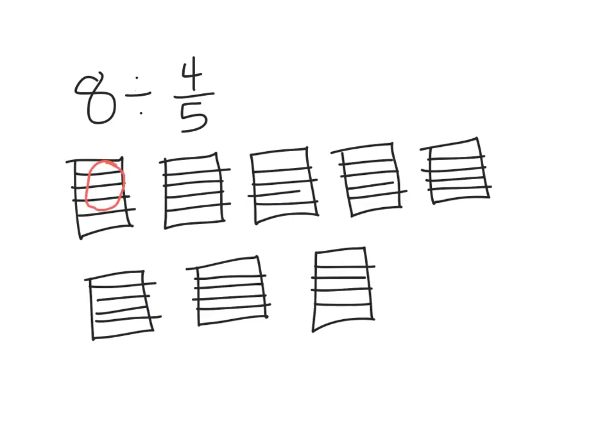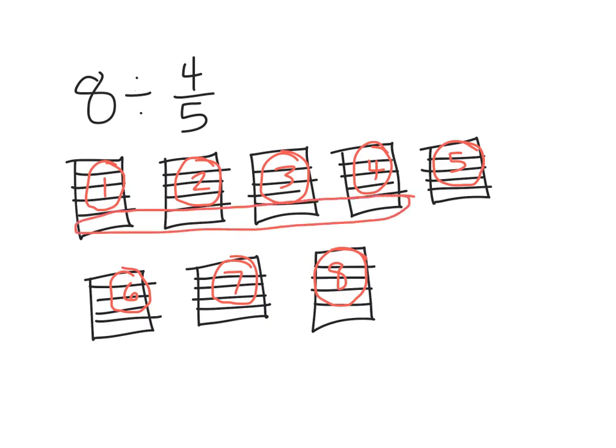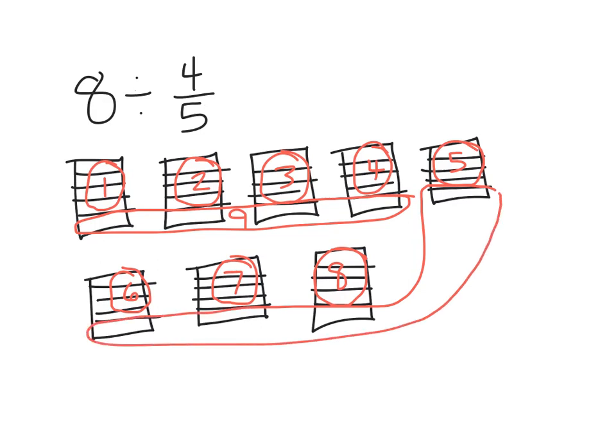So we've got 1 group here, 2, 3, and then we've got another 4/5 right here, so that'll bring me to 9, and then another 4/5 right here. So that one worked out perfectly, giving us 10.